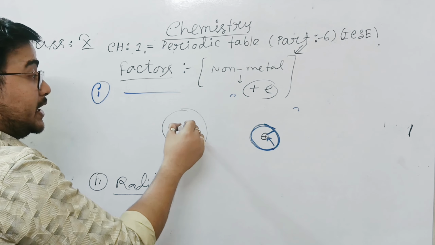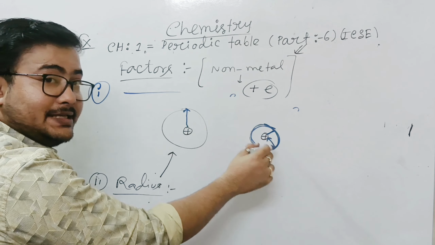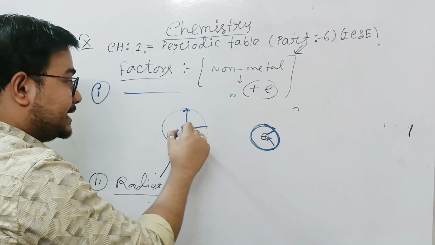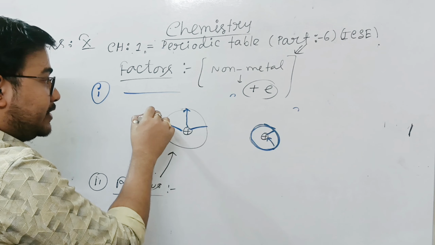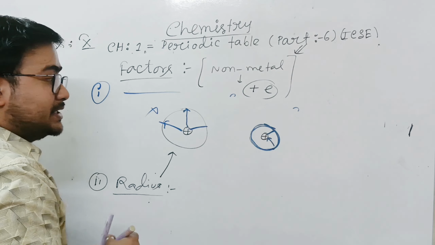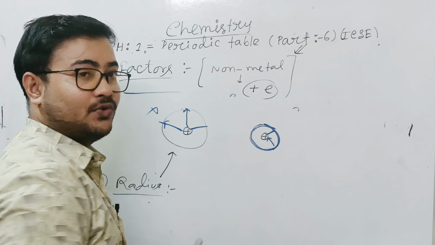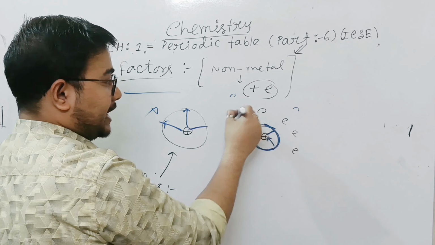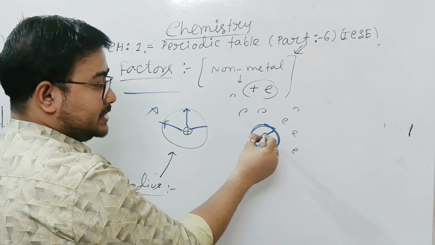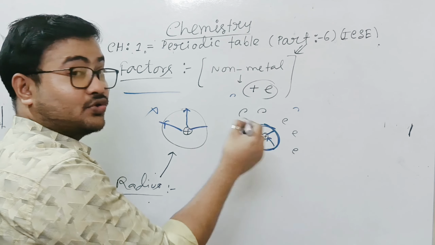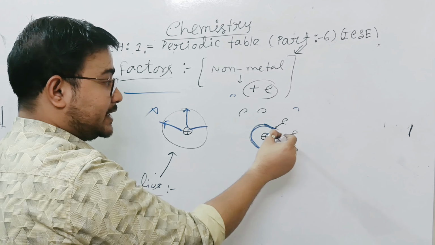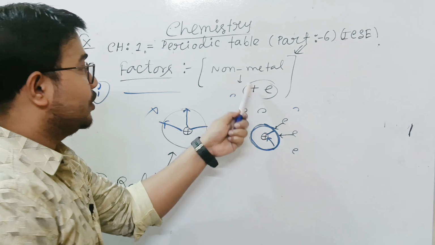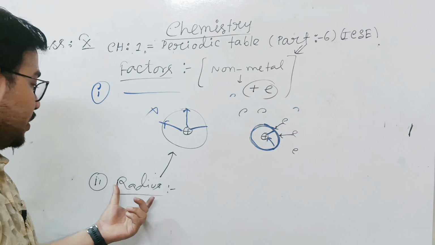Here the nucleus cannot attract like this atom, because the distance increases. So since the attraction force is more, if any loose electrons are available outside, the nucleus with this strong force can accept the electron, so non-metallic character increases.